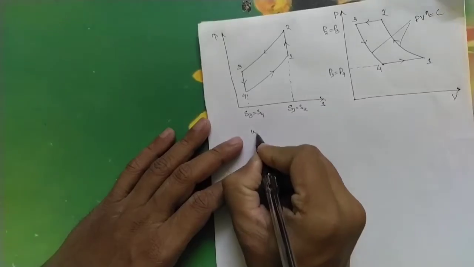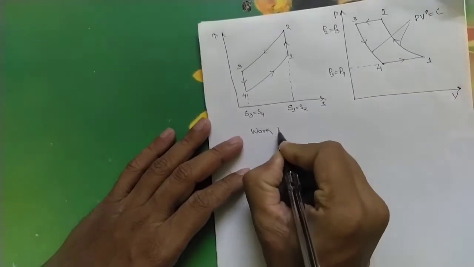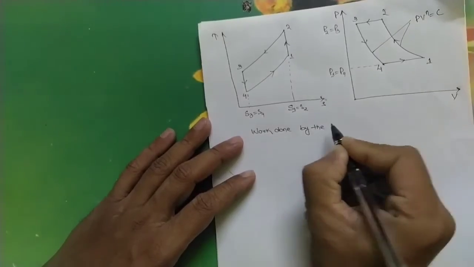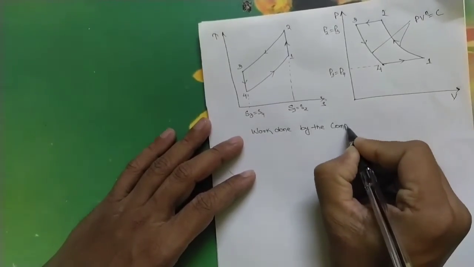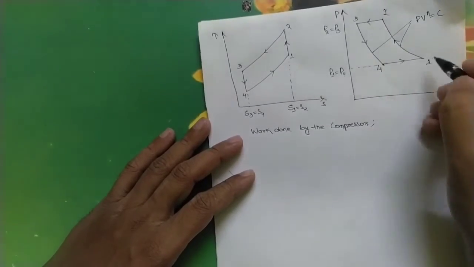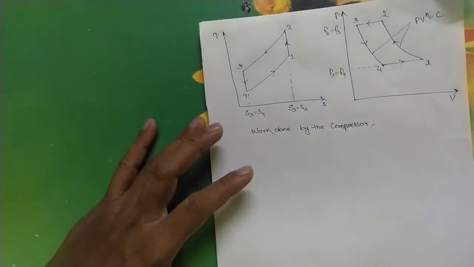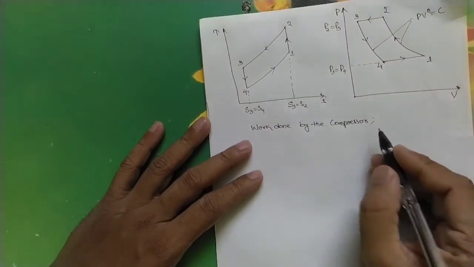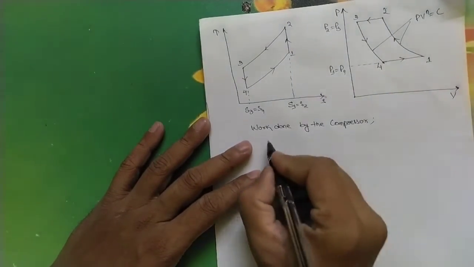We know the work done by the compressor will be, as 1 to 2 is the compressor and it is an open cycle, open cycle work equal to n times the closed cycle work.